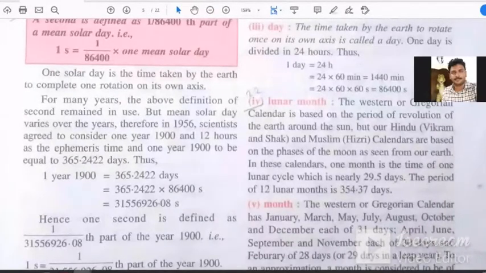Now let me clarify this lunar month and the Western calendar. Lunar month means you must have heard about new moon day and full moon day.